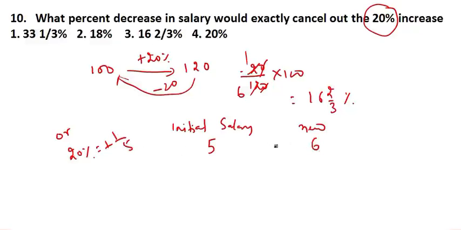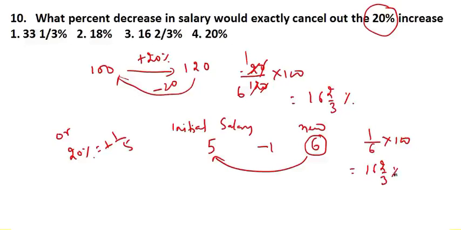Now it becomes 6. Now I want to make it the same again, so I have to reduce by 1. 1 on what? On 6 into 100, which means 16 2 by 3%. I have to decrease by 16 2 by 3% so that it will cancel out the 20% increase in the salary. Fine.